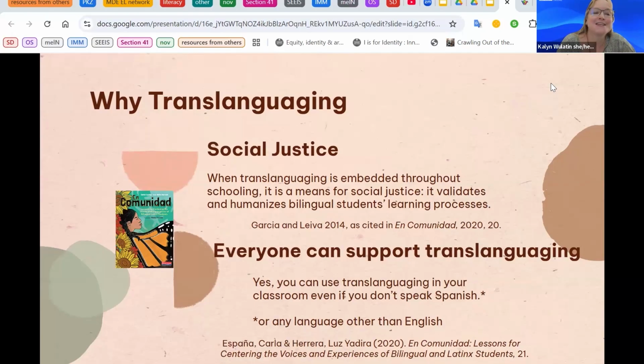You can use translanguaging even if you don't speak whatever other languages. The quote is in Spanish because the authors and researchers for En Comunidad were in bilingual Spanish-speaking classrooms as well as in classrooms that were monolingual in English but had a large community of Latino children and native Spanish speakers.